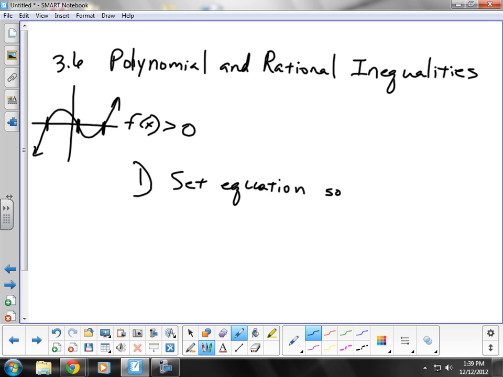And the idea here, step number 1, is that you're going to set your equation so that it is either greater than or less than 0. So everything on one side, nothing left on the other side. I want everything on one side.